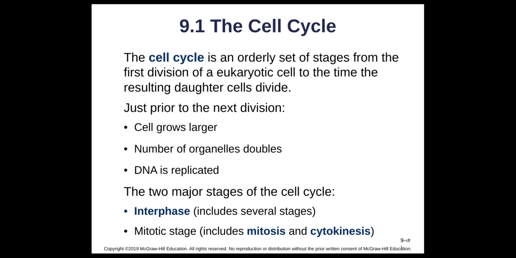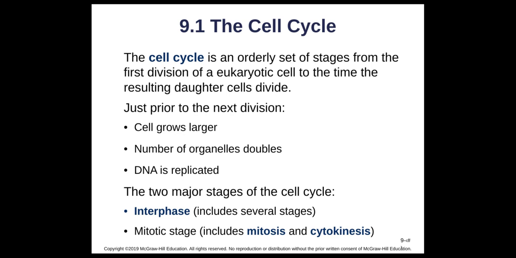It is going to include, just prior to the next division, the cell getting larger, doubling the number of organelles, and making a copy of the DNA. Then it's going to have interphase, which has several parts in it, and then the mitotic phase, which has mitosis, which is broken into parts, and cytokinesis.